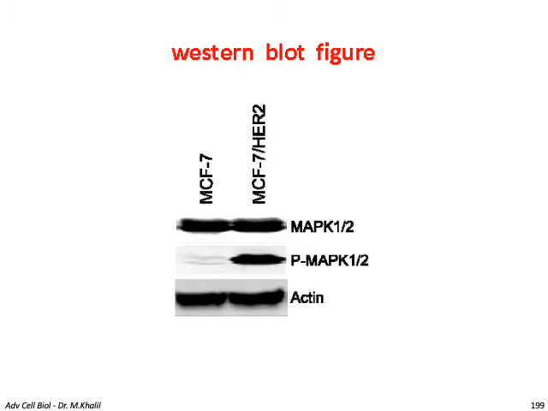You can see both of them have MAP kinase, while the one with HER2 overexpressed has only the phosphorylated form of MAP kinase. This proves that the upregulation of HER2 will lead to the activation and phosphorylation of MAP kinase. And of course, actin here is used as a loading control to make sure that you loaded an equal amount of protein per lane.